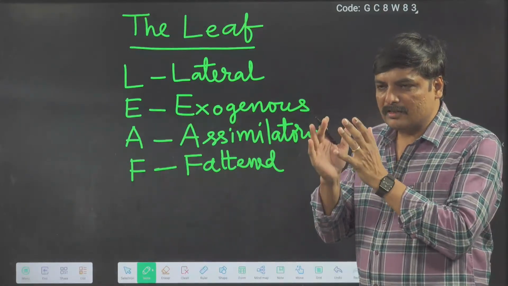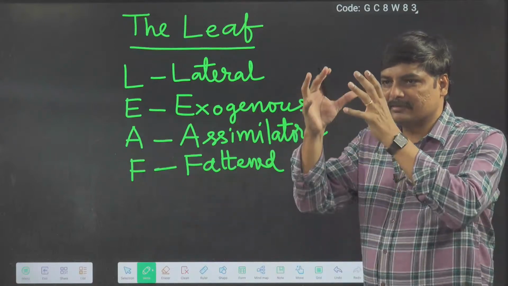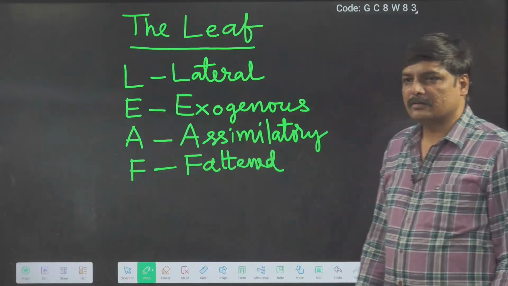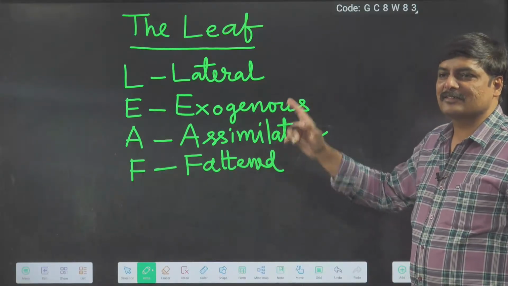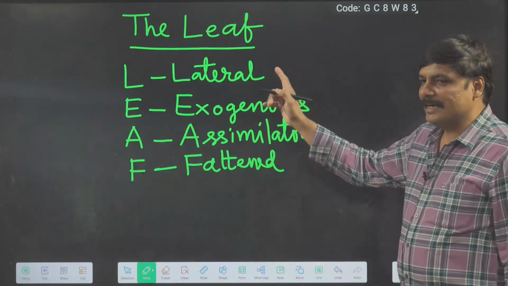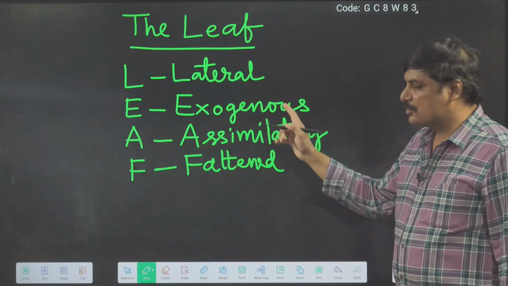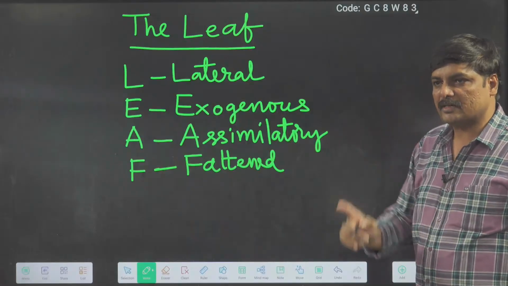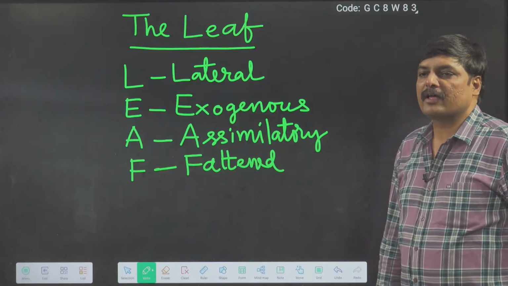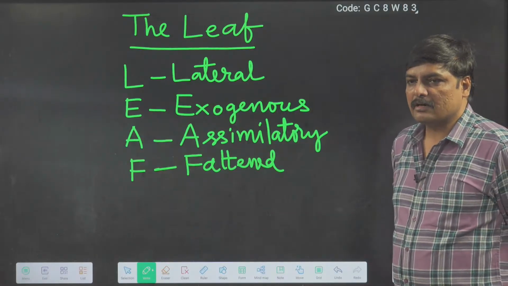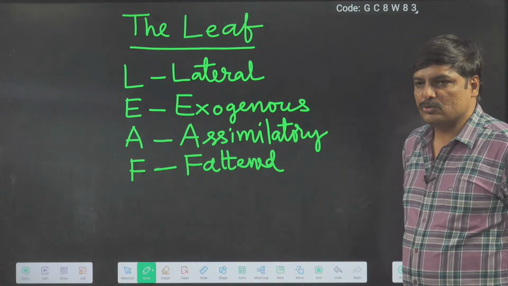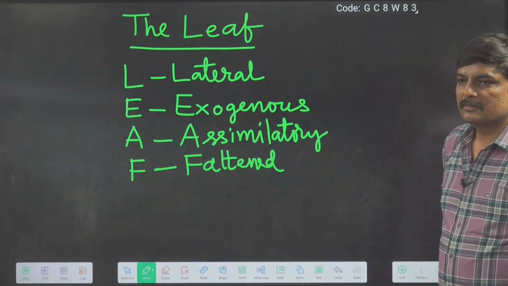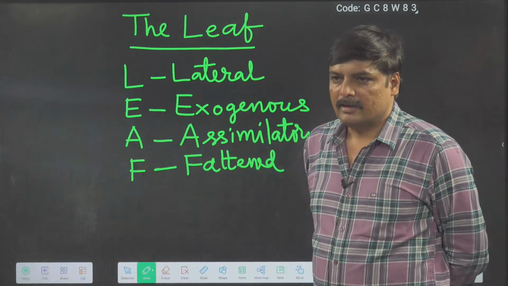The root and the stem are cylindrical, while this is a flattened structure. L for lateral, E for exogenous, A for assimilatory, meaning photosynthetic, and F for flattened organs. So leaves are lateral, exogenous, assimilatory, flattened organs.